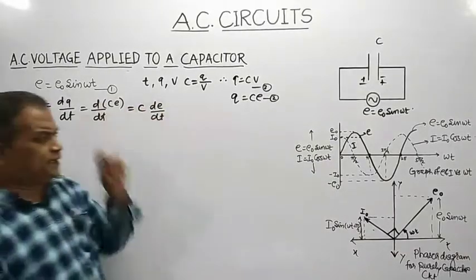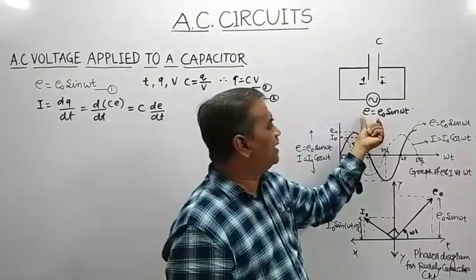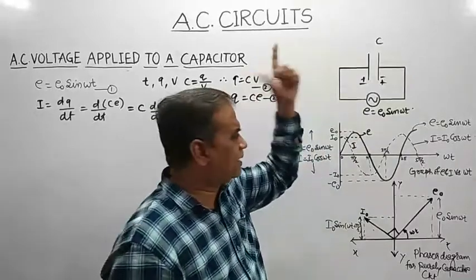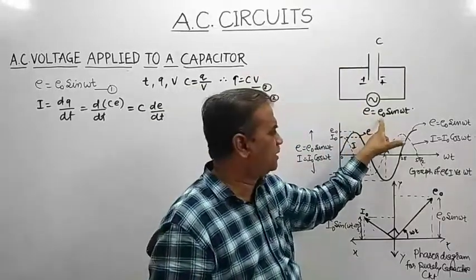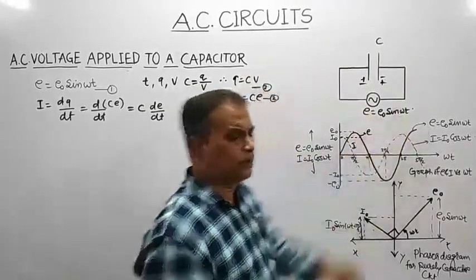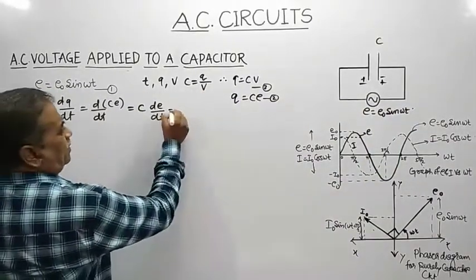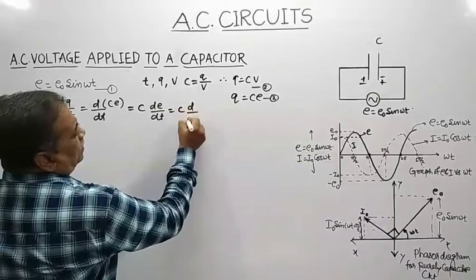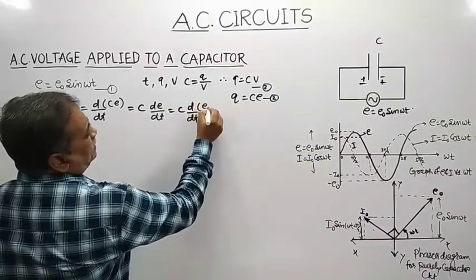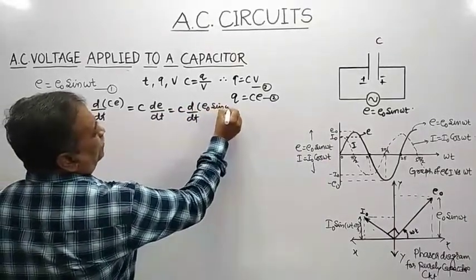Here E represents the alternating EMF applied across the capacitor, given by E equal to E0 sin omega t. So this is equal to C into d by dt of E0 sin omega t.